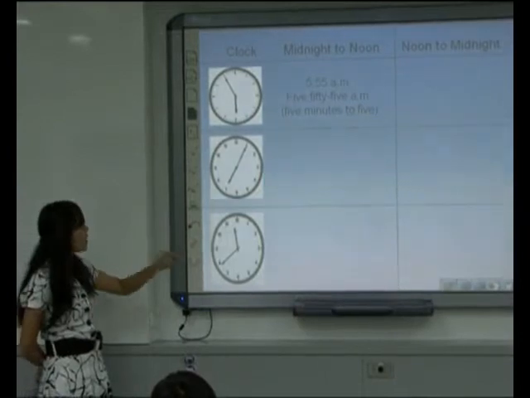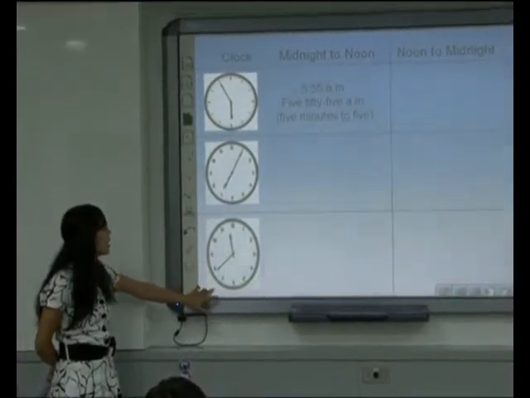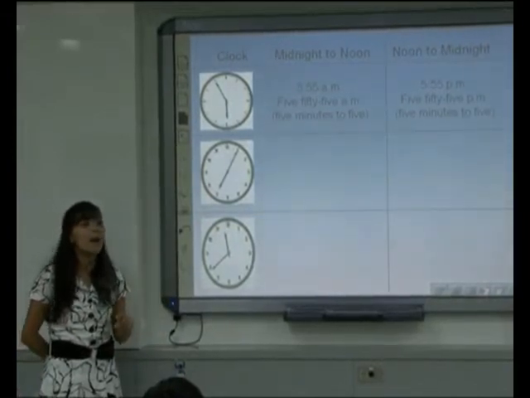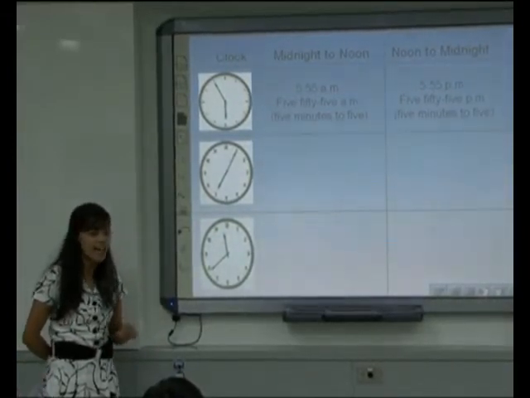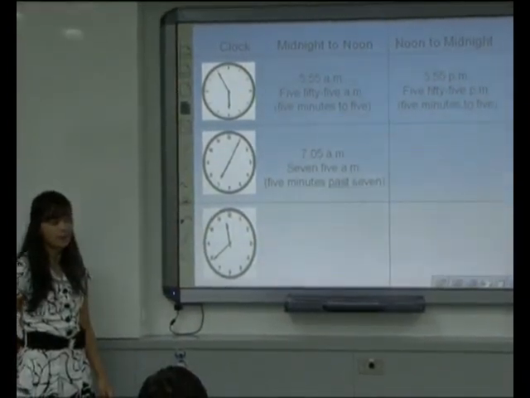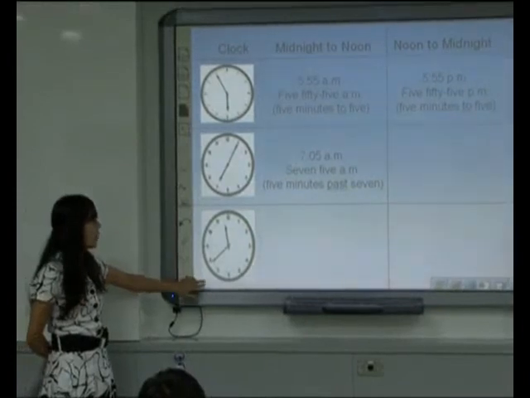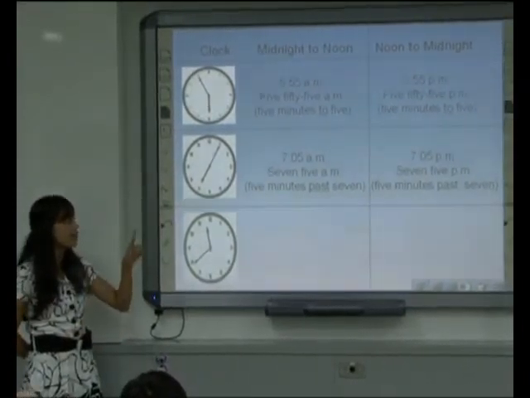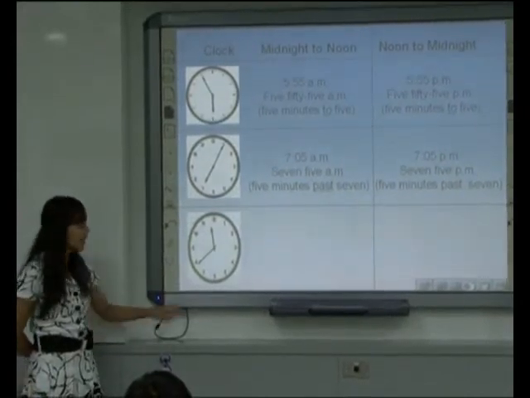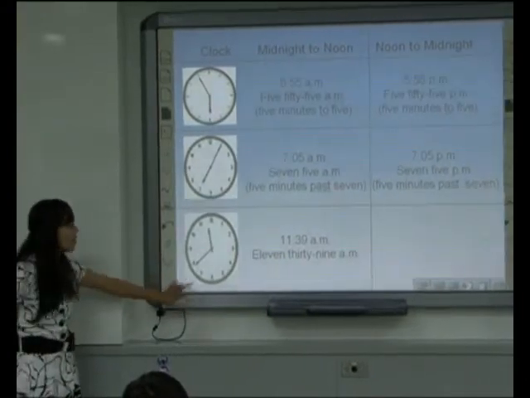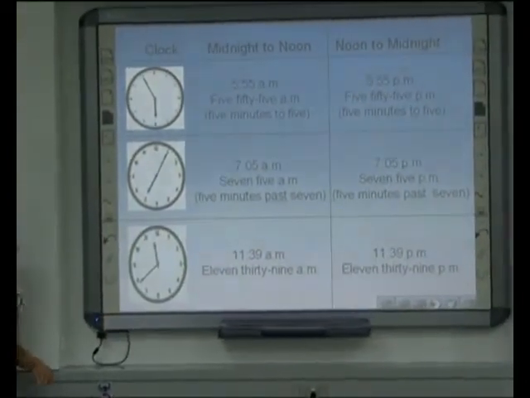It's 5:55 p.m. Next one is 7:05 a.m., or 5 minutes past 7. The next one is 5:15 p.m. And the last one is 11:35 a.m. and 11:39 p.m. Okay, it's very easy for you.